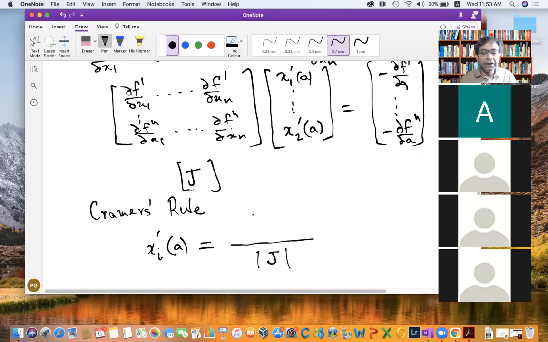And in the numerator, we calculate another determinant, which is the Jacobian matrix where the ith column is substituted by this column. That's what Cramer's rule tells us, right? So it's a straightforward application of Cramer's rule. This ith column has to be replaced by this, and let's call that matrix Ji, and we calculate the determinant of that. So that ratio is the solution.